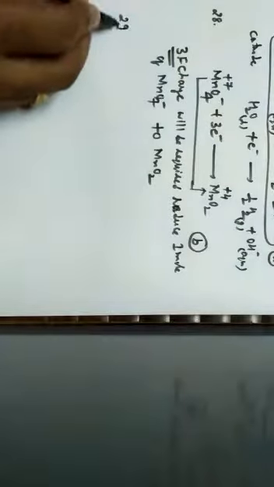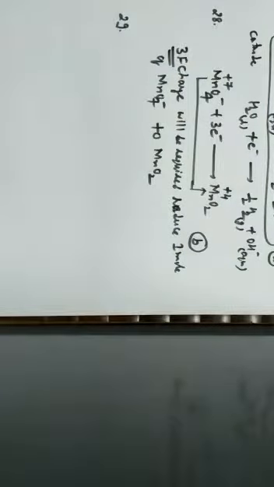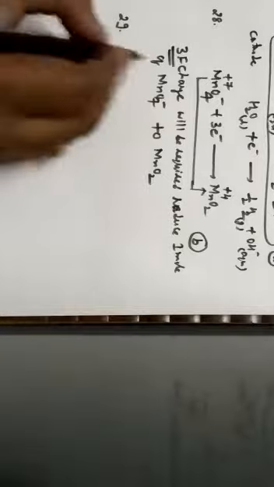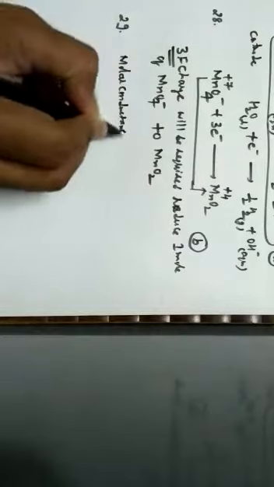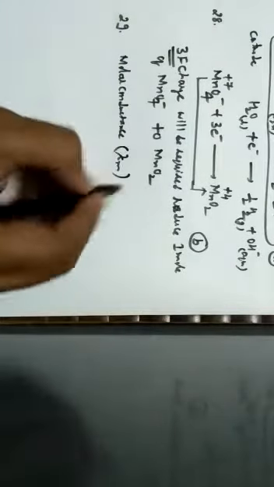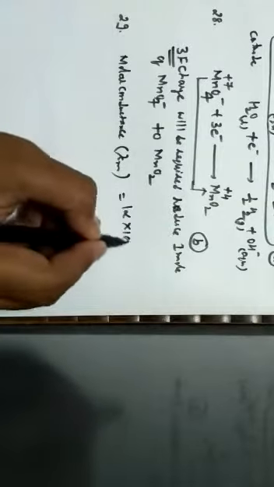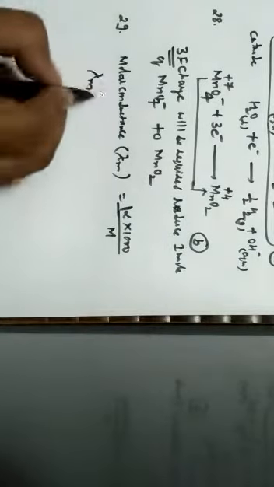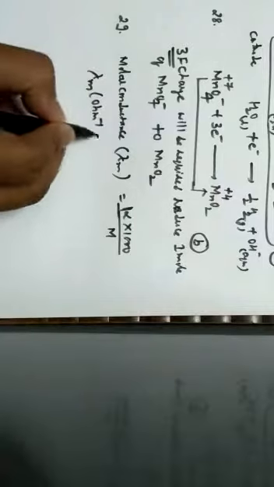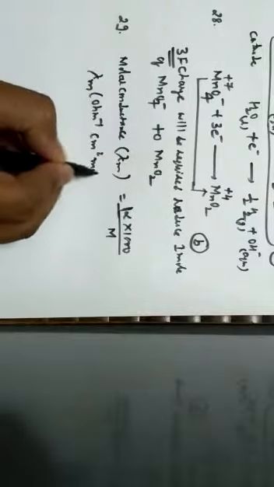Next one, question number 29. At a particular temperature, the ratio of molar conductance to specific conductance of 0.01 molar NaCl solution is. So here it has been given molar conductance. We know that molar conductance is given by lambda m, which is given by the equation kappa into 1000 divided by M. The unit of molar conductance is per ohm centimeter square per mole.